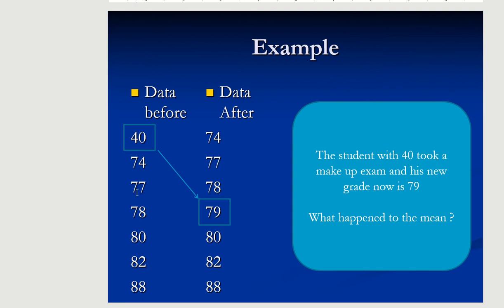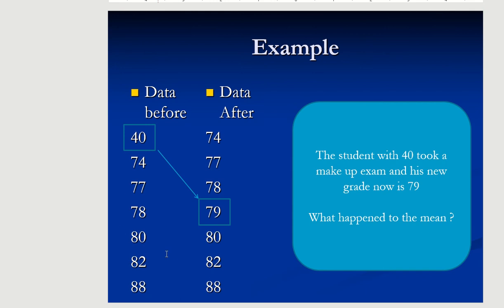Now, the student that scored 40 actually is a student that was sick on that day, and therefore he or she was allowed to take the exam again, and they changed their grade from 40 to 79. So what do you think the impact of changing a very low grade? Obviously 40 is a very low grade compared to the other grades. When you change it into 79, which is no longer a very low grade, what do you think is going to happen to the average?